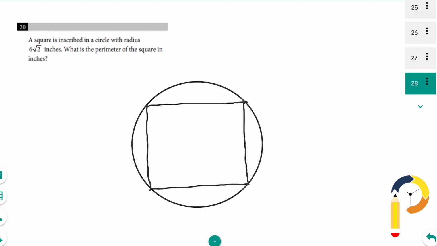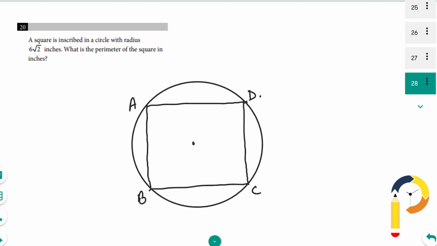So we make this, you can just label it A, B, C and D. The question is saying the square is inscribed in a circle with radius 6 root 2. So the radius of the circle is 6 root 2.